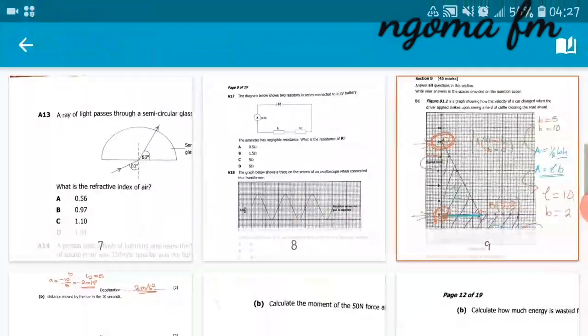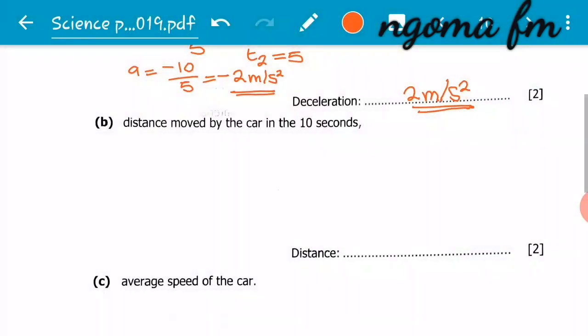So let's go back to where our question is. The total distance is the total area.